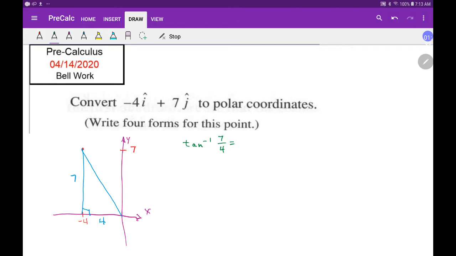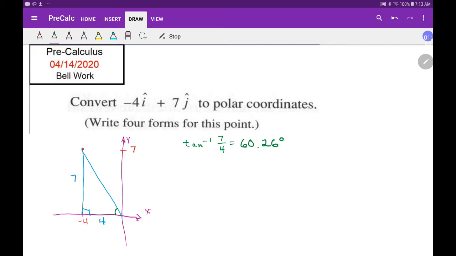So we'll be in degree mode, and we'll say 7 divided by 4, and we'll use arctangent. And that tells us that we have 60.255, so I'll say 60.26 degrees. And that's this angle right there, okay?